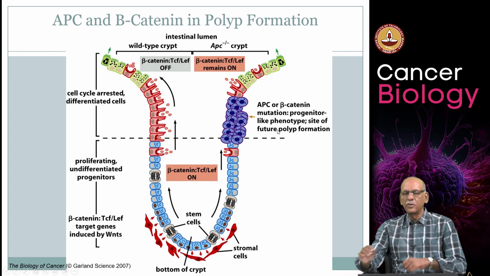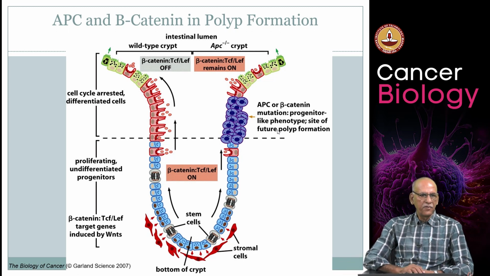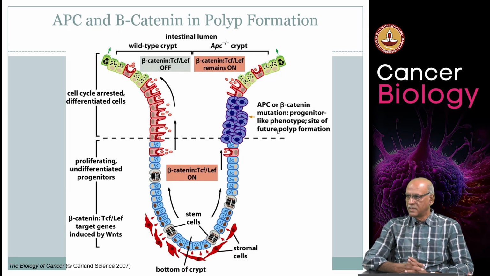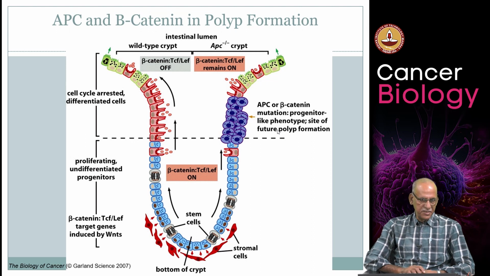If you remember, I told you several changes occur before a normal colon cell becomes a colon cancer cell. There are steps involved, there are mutations. Under that, I have told you about mutation of APC also. This is almost in all the patients you see APC mutation. This is a very common thing, but then you have to remember, it is not that this mutation is responsible for cancer. No, you need additional changes.